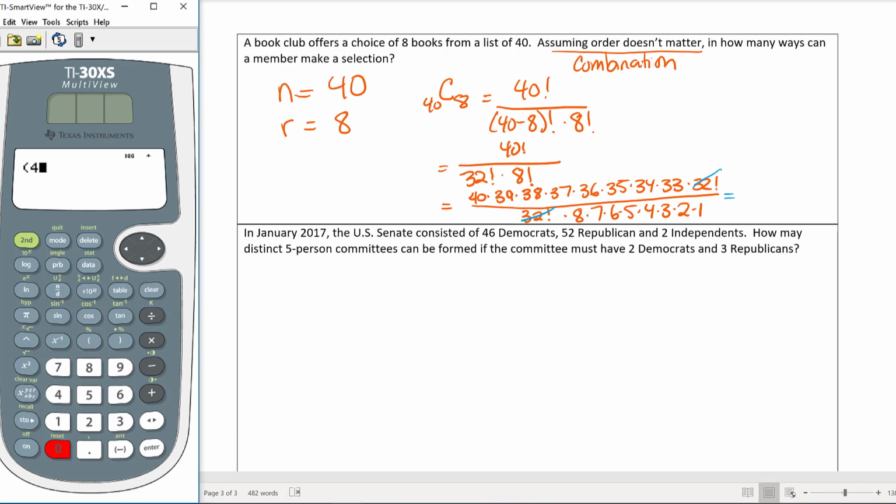Parentheses 40 times 39 times 38 times 37 times 36 times 35 times 34 times 33, parentheses, divided by parentheses 8 times 7 times 6 times 5 times 4 times 3 times 2 times 1. Close that parentheses.